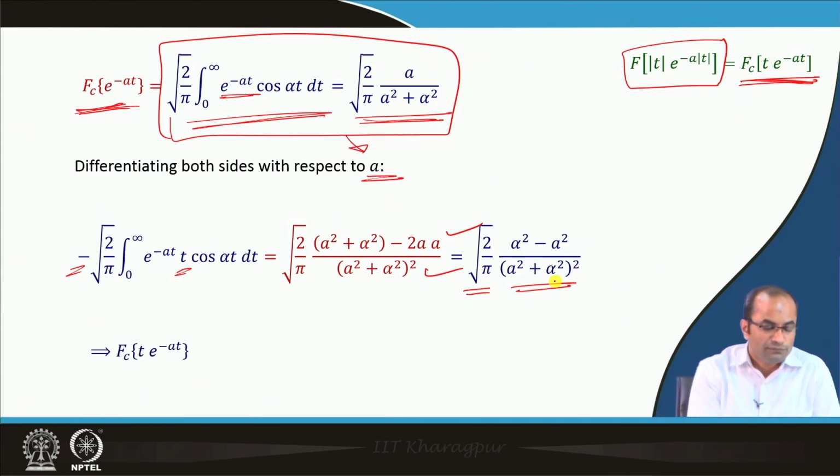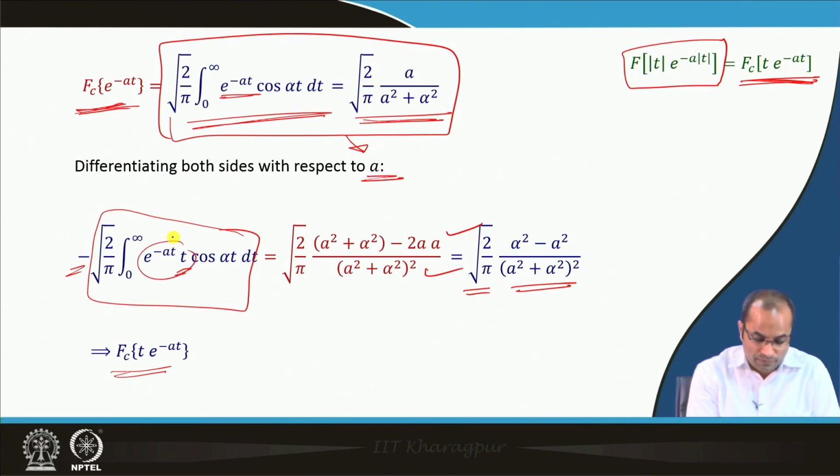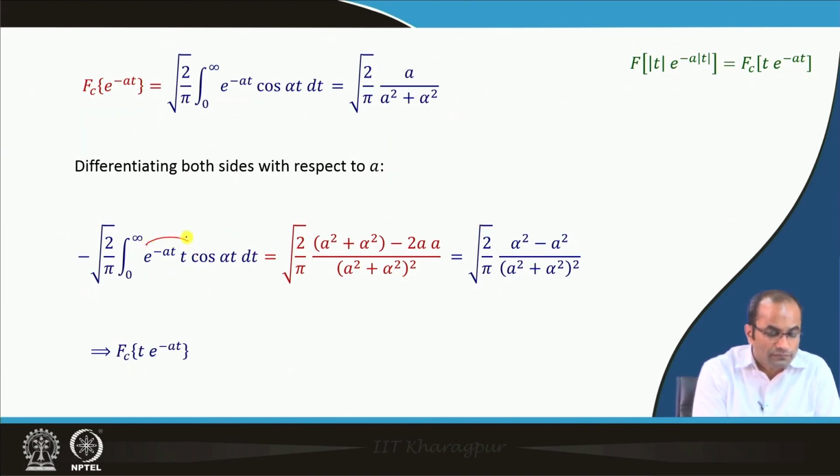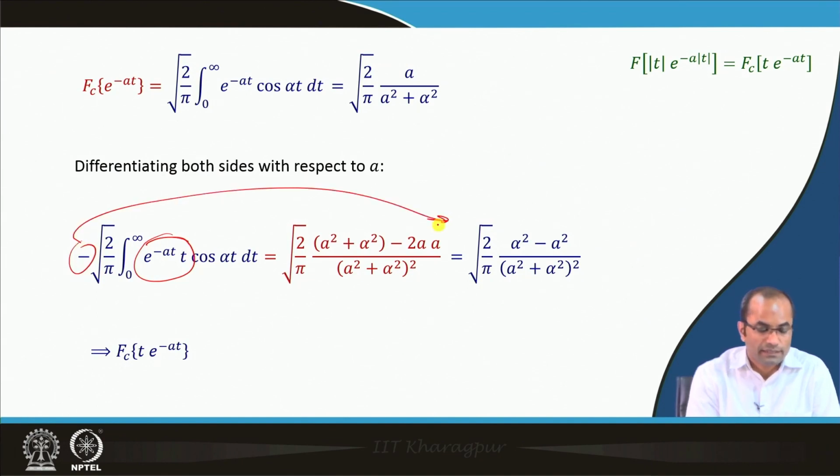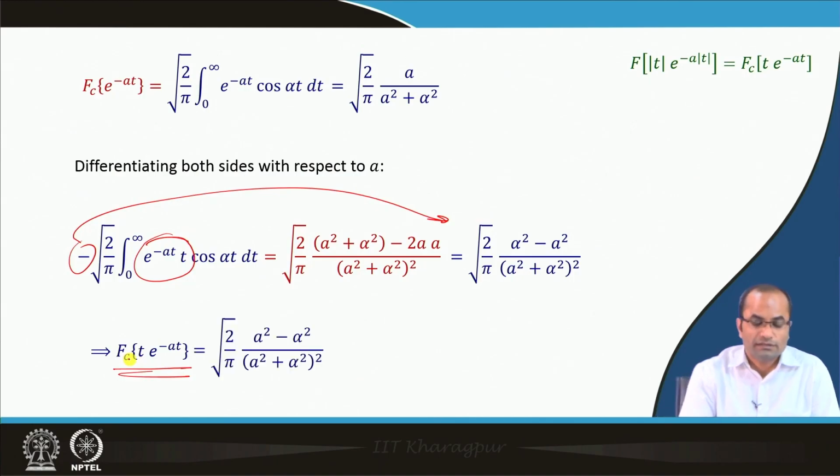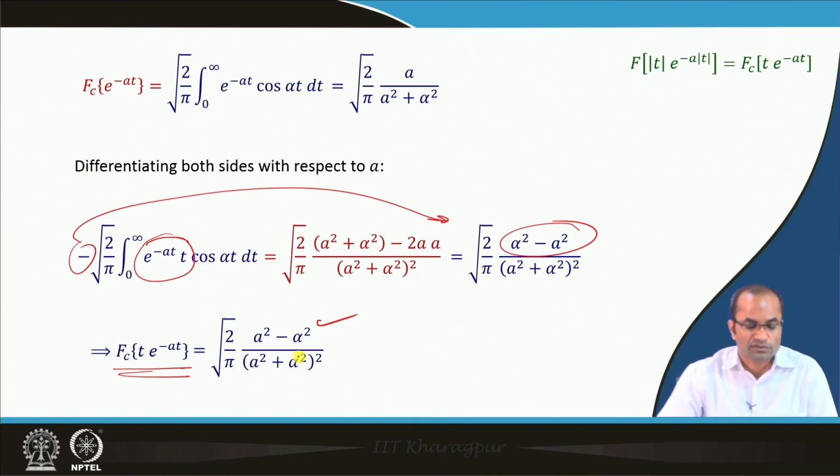That means, if we take a look at this one here, this is a Fourier cosine transform of t e power minus a t with this factor square root 2 over pi. This minus sign we can bring to the right hand side. So, the Fourier cosine transform of t e power minus a t, with this minus adjusted here, is a square minus alpha square over alpha square plus a square whole square.